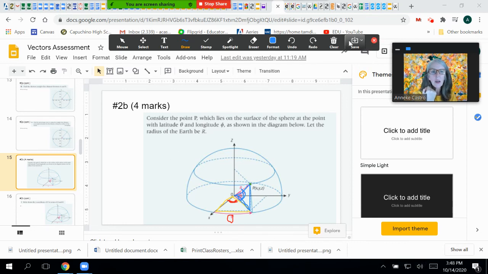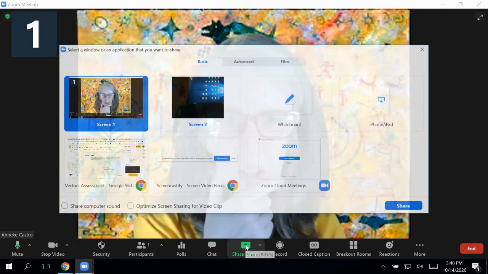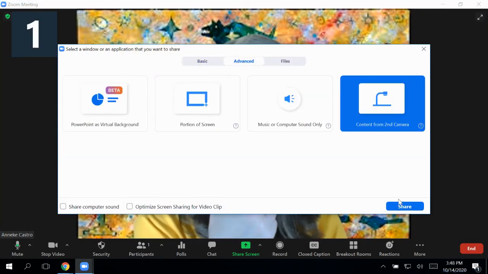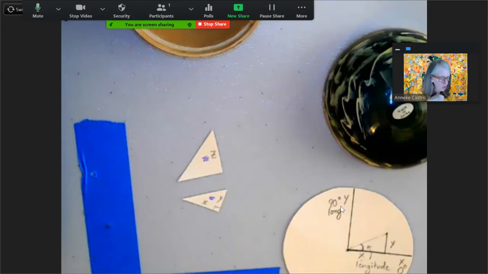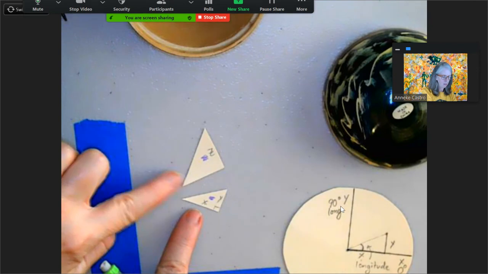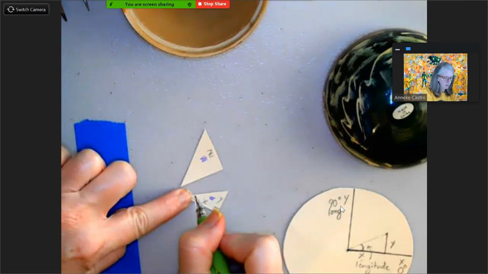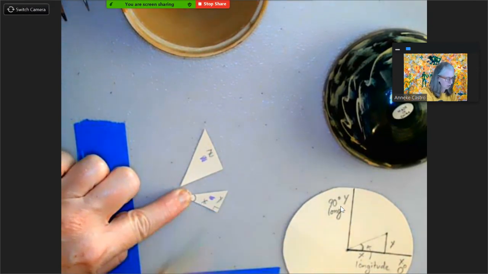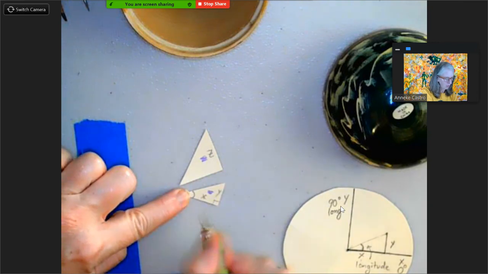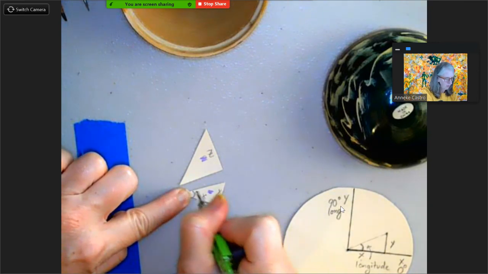If I go back to my 3-dimensional model, I'll show you one more time. Those 2 little triangles that I was just annotating, here they are again. This is my degrees longitude, and they were using phi for that.